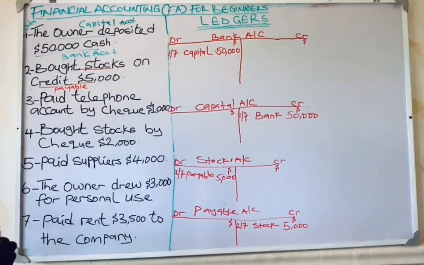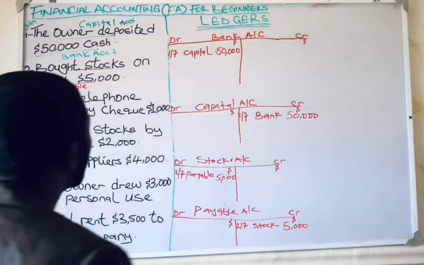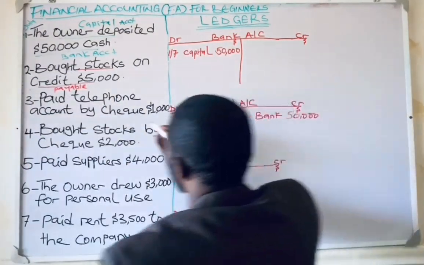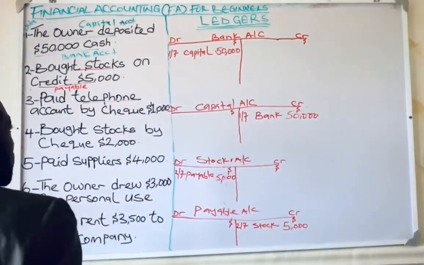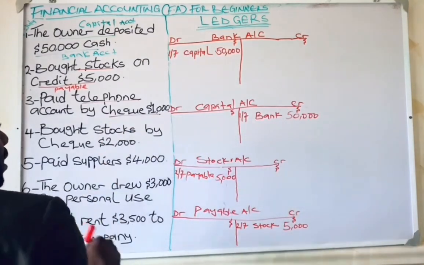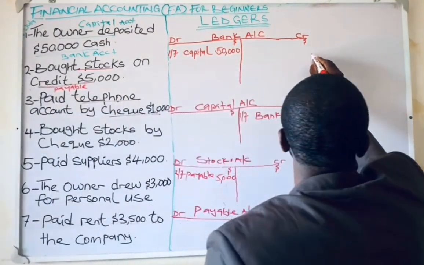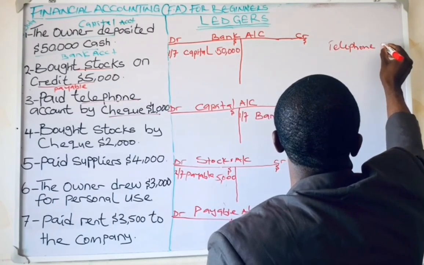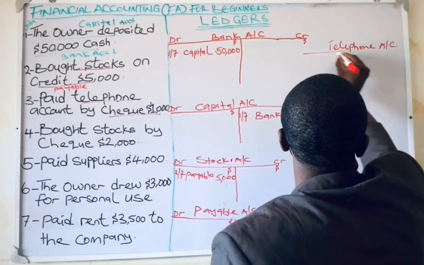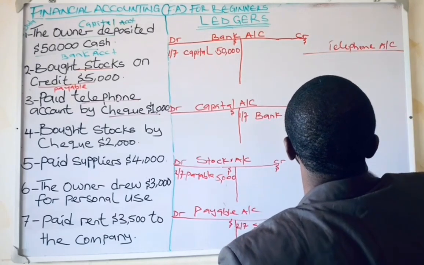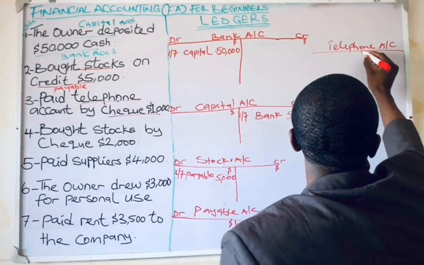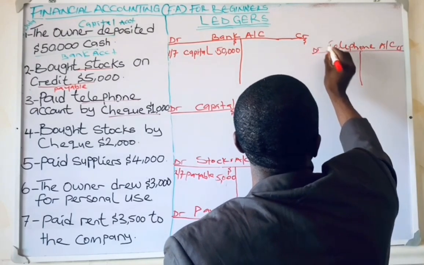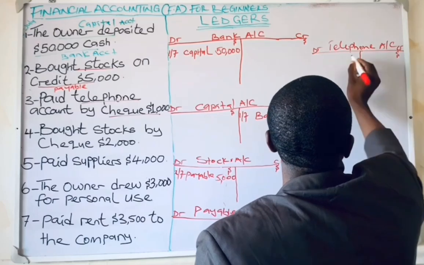Now, let's proceed. Our third transaction, which is pay telephone. We have our telephone account, as we all know, and we have our bank account. So here we have the telephone account, our credit, our debit side, currency, dollar.